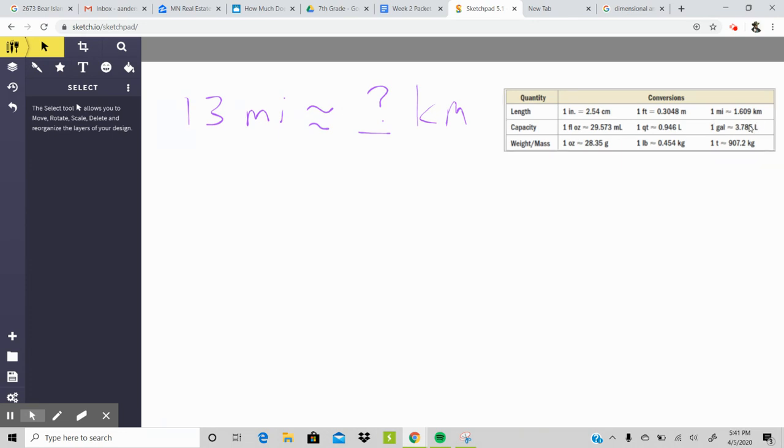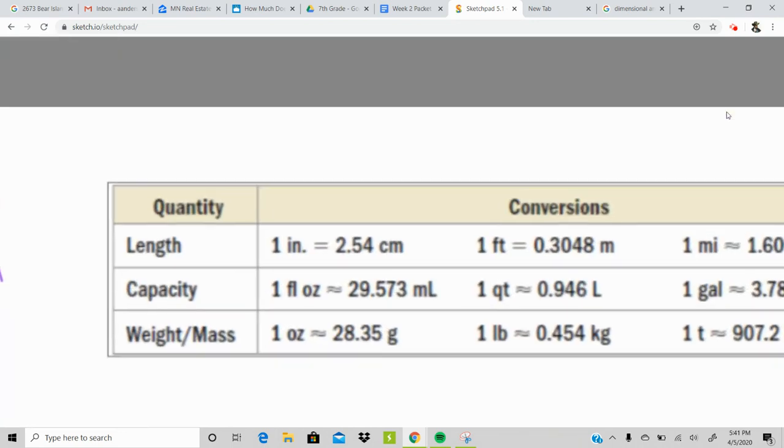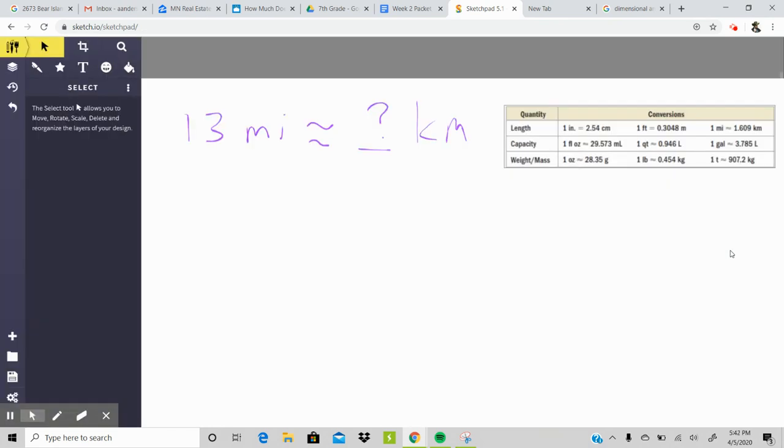The way I'm going to do this is I look at my chart and I see 1 mile. You see how this has that squiggly equal sign? That means roughly equal to. So 1 mile isn't exactly equal to 1.609, but it's roughly equal to, so they probably rounded it. Kind of like how the number pi goes on forever.